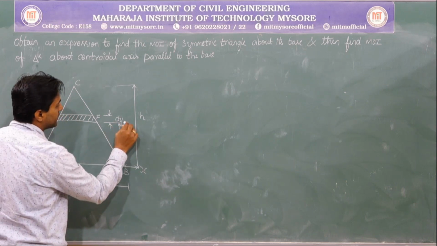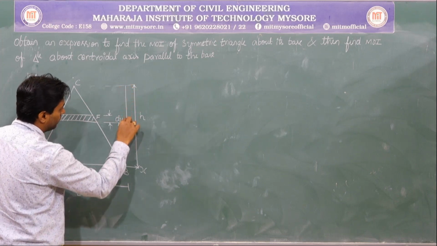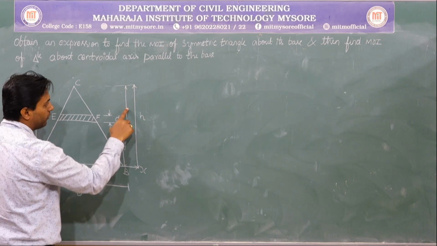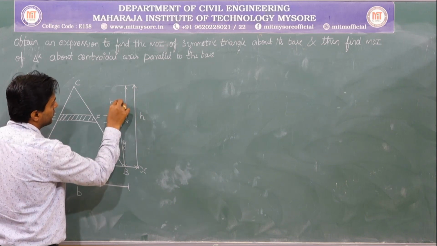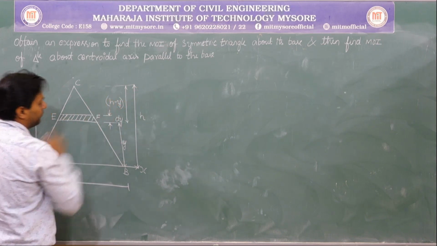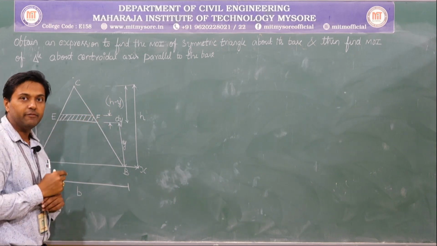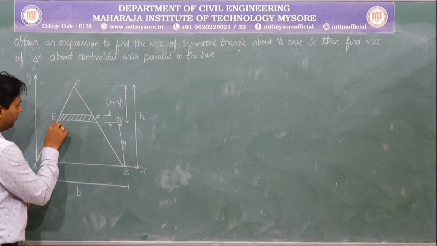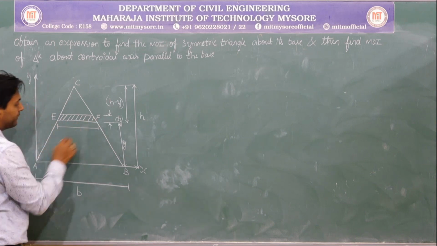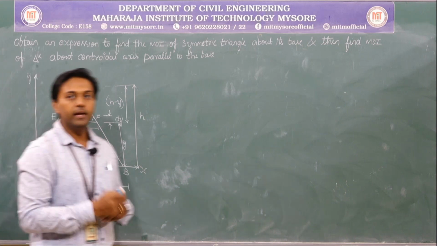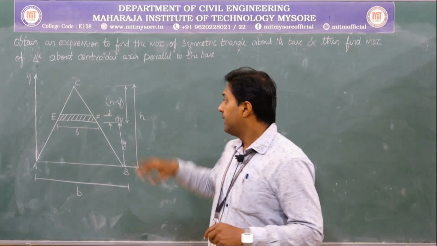Then what will be the remaining distance? Total is h, this is y, obviously this needs to be h minus y. Next, the thickness of the elemental strip I have assumed as dy. Let me assume the width of this elemental strip be b dash for time being.